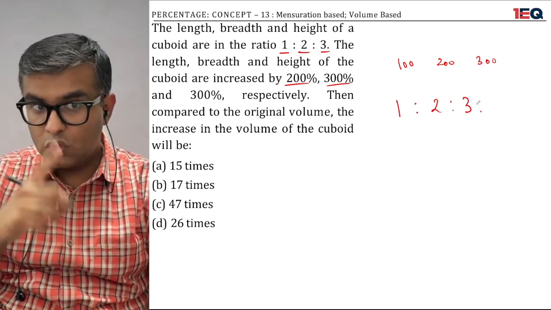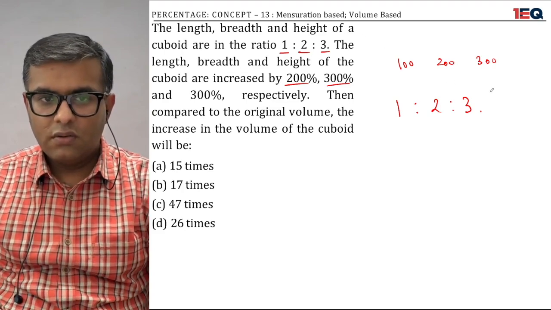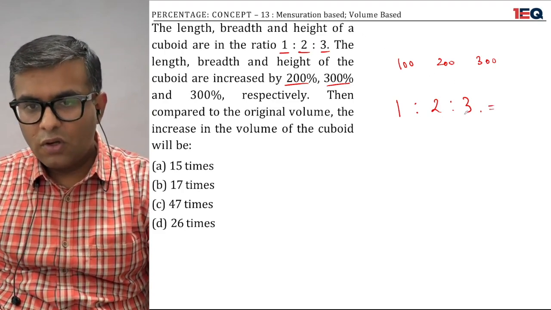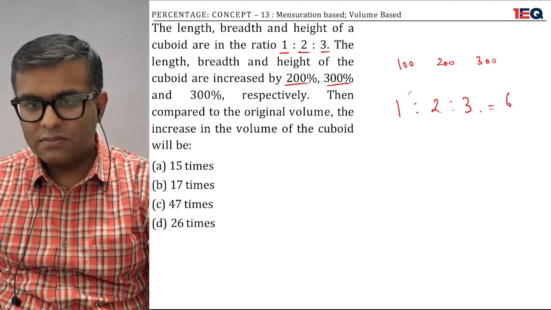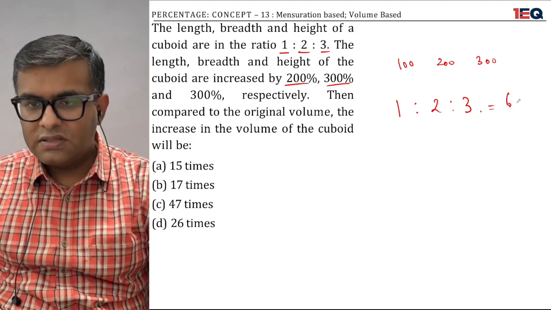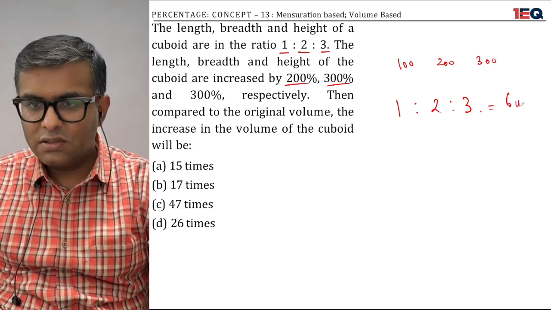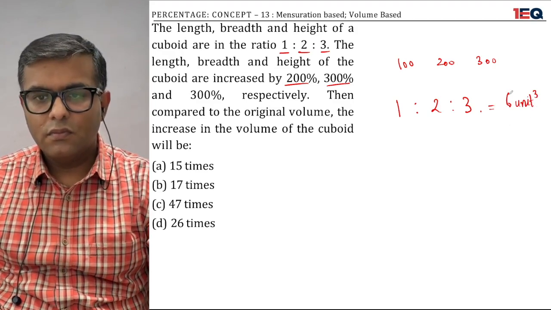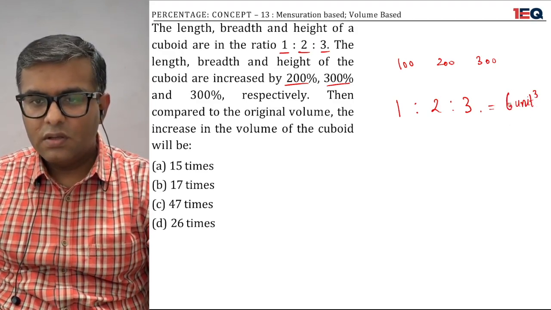So the volume of a cuboid is equal to length, breadth into height. So the volume here comes out to be 6 unit cube, because I'm multiplying the length into breadth into height.